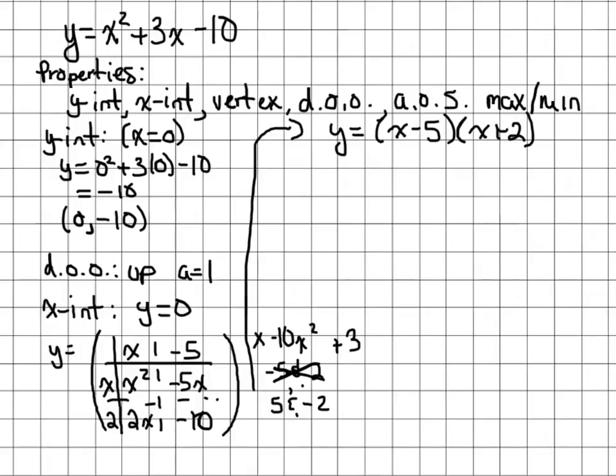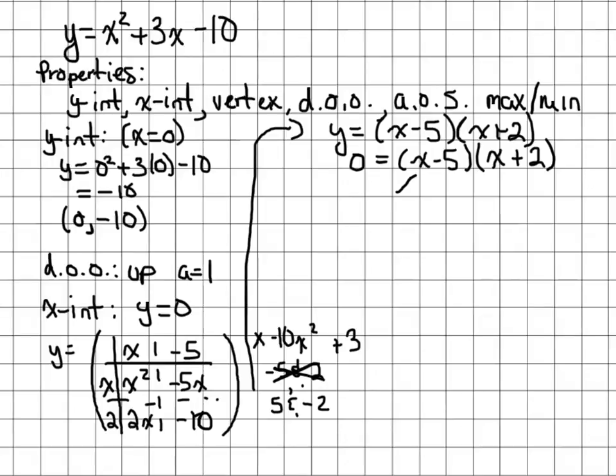Alrighty, so for the x-intercepts, this is when y is equal to 0. So I'm going to set this to 0. And in the video for forms of equations, we looked at how we got the x-intercept. So we know that if either of these two factors are 0, we'll make all of this 0, and so that means that we've satisfied the equation.